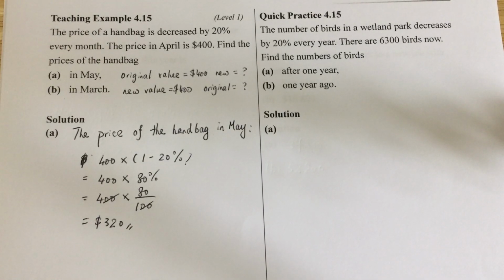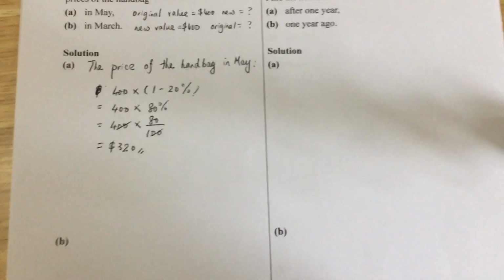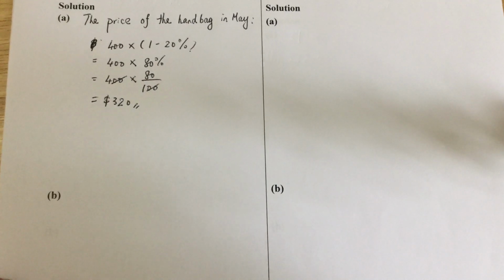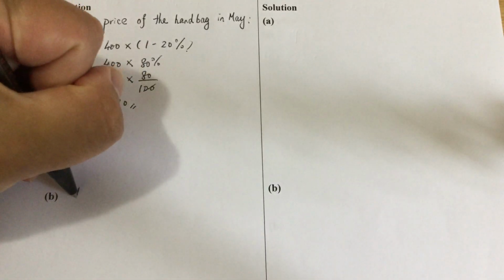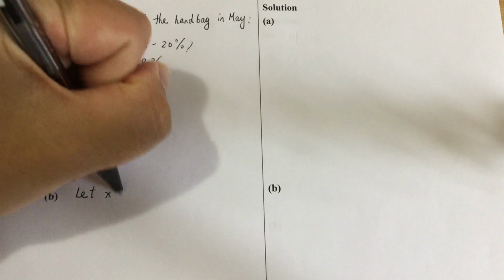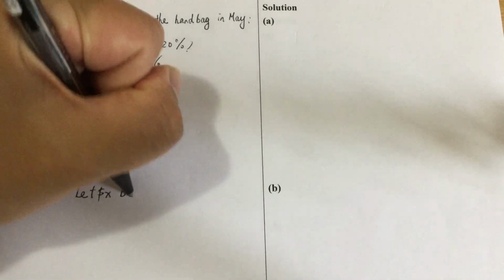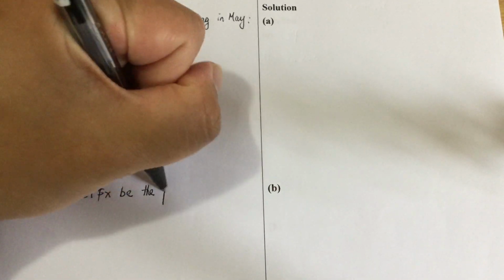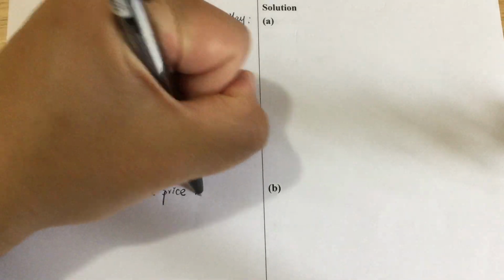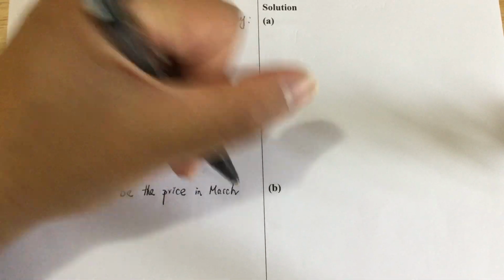For part B, you are going to find out the original value this time, so it's in March. So we must let X. Let X be the price in March.